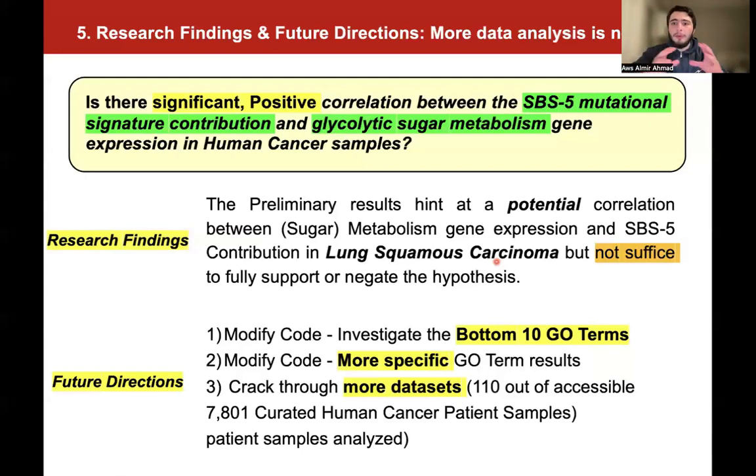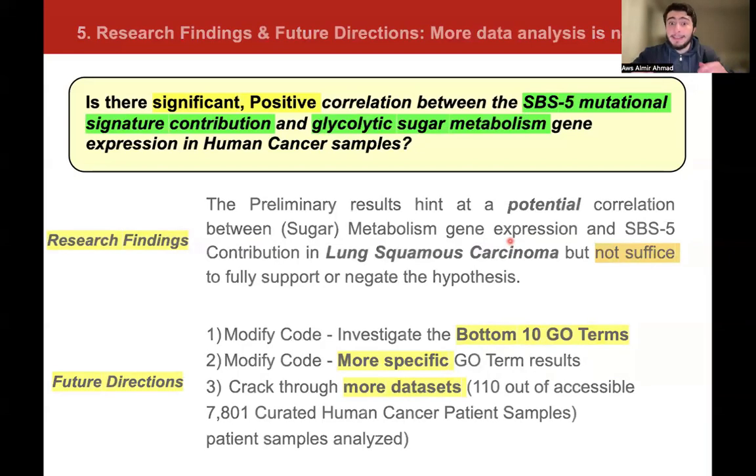And also we need to modify the code slightly. Why? We need more specific GO terms. As we've seen previously, the GO terms are not that specific. And also we need to have a look at the bottom 10 GO terms, not only the top 10 GO terms, in order to look at both the upregulated and the downregulated gene sets.